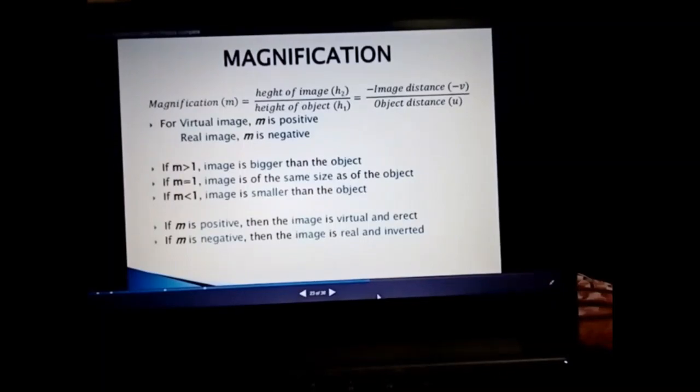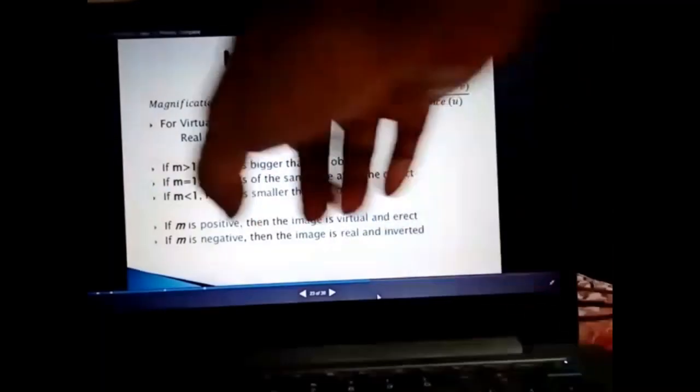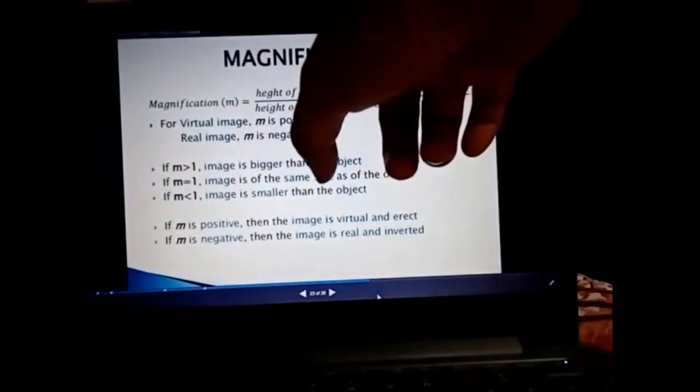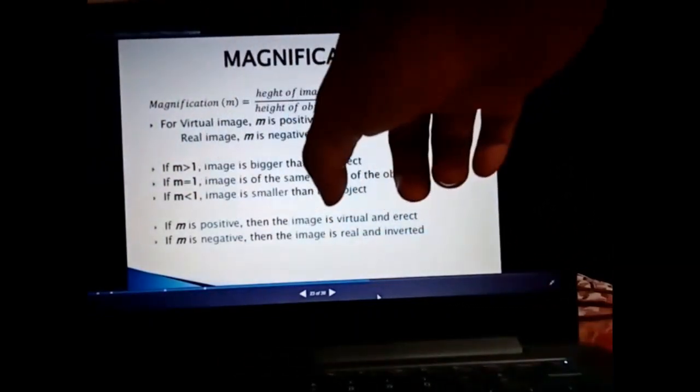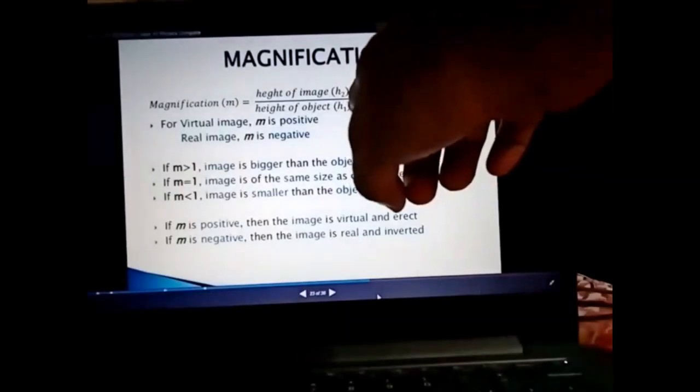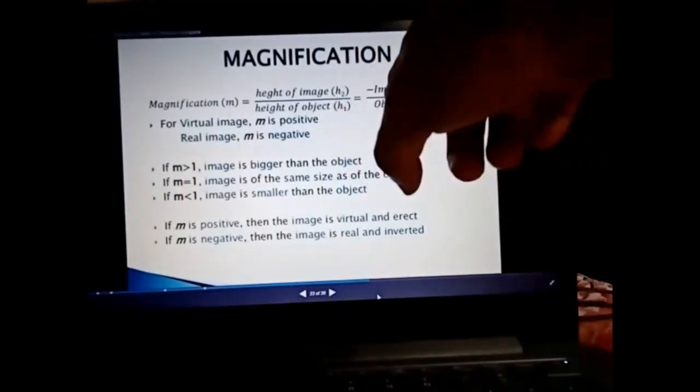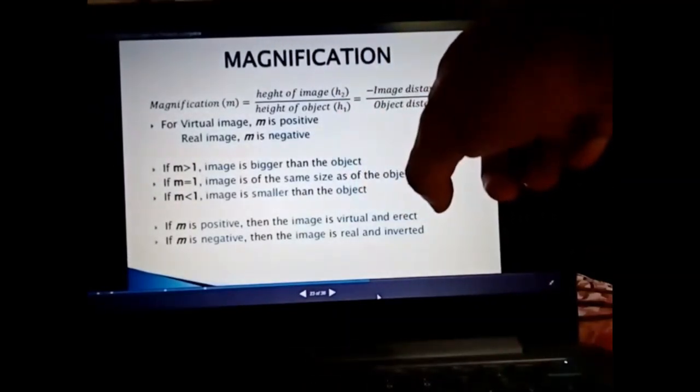Magnification is given by the formula: magnification m equals height of the image upon height of the object, which equals minus image distance upon object distance.